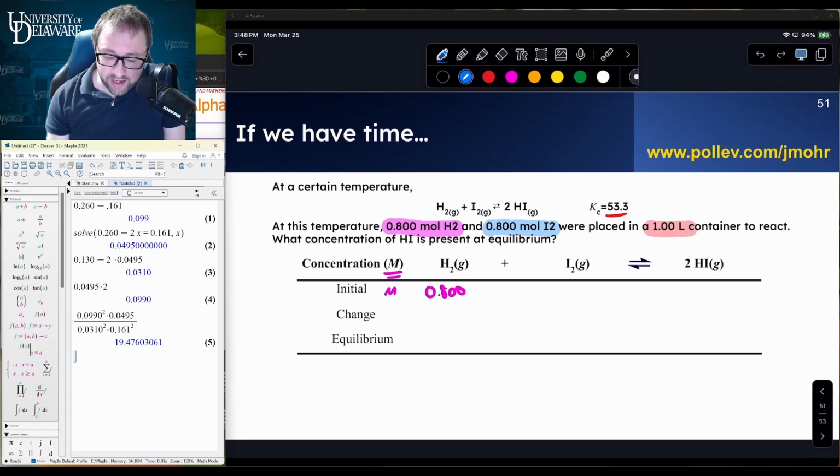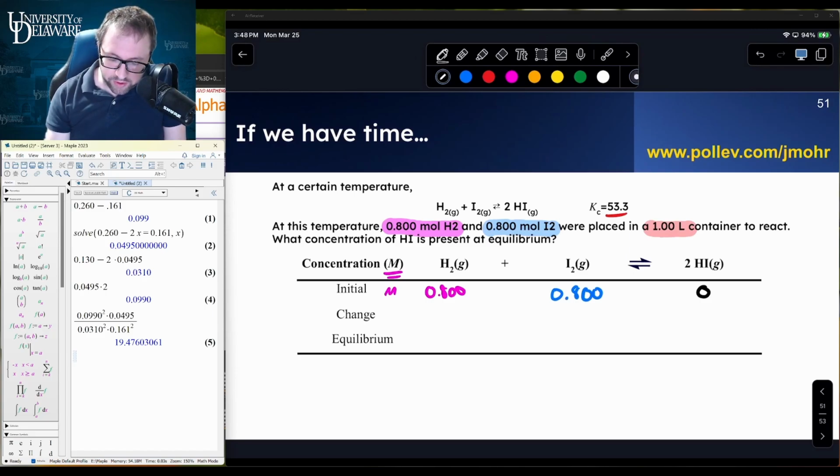Next, we have iodine, 0.800, same deal. And we're not told how much HI we start with, so we're just going to assume we start with 0. Same idea, because we start with 0 product, we know this reaction is going to form products. Doesn't matter what Kc is, it has to.